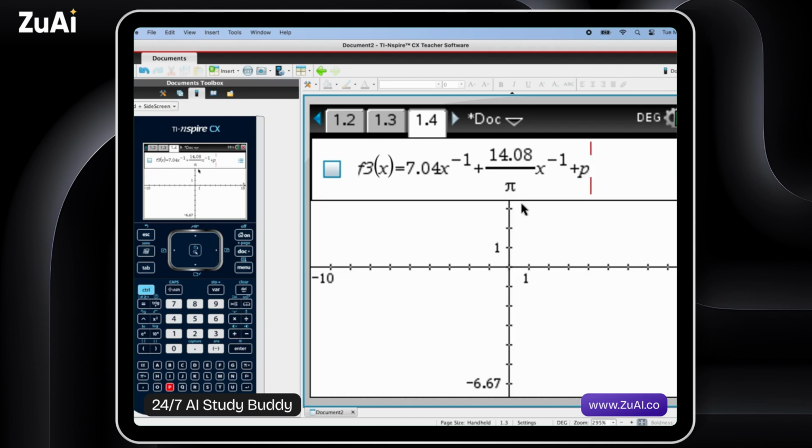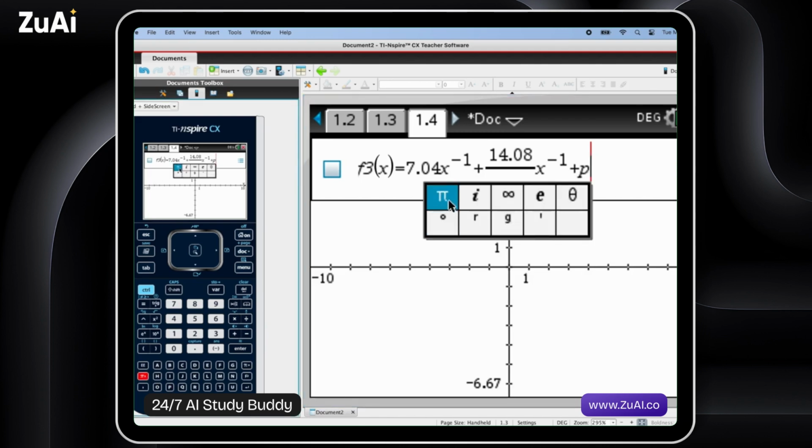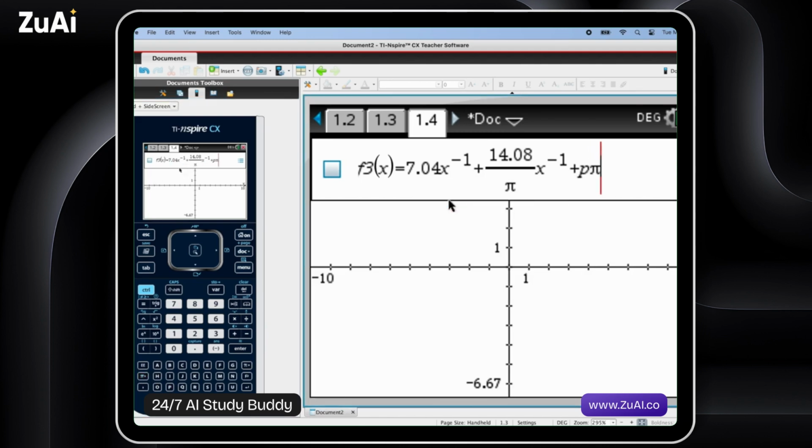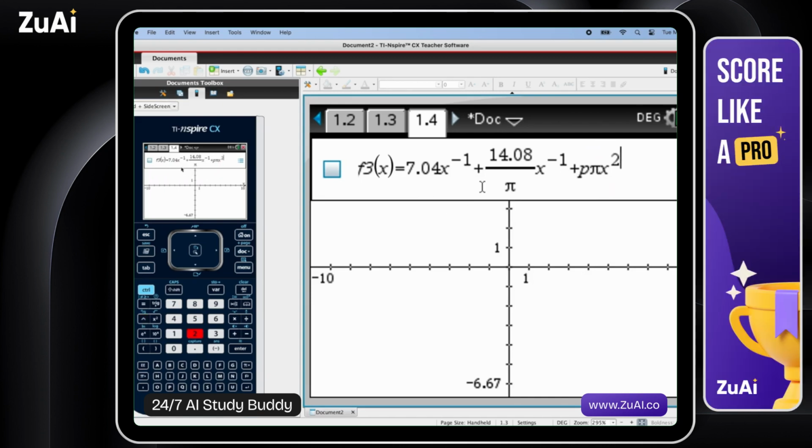We don't know what p is, so we can't just simply do pi times x squared. Because we have two variables. We have two variables, and that's a problem.